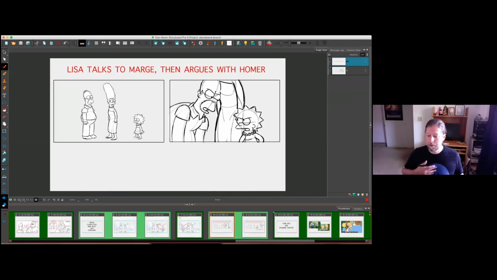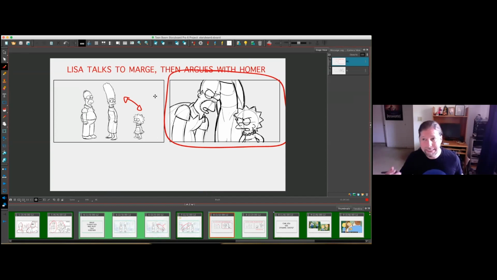If, however, in the sequence, Lisa and Marge are going to talk, but then Homer and Lisa argue, you have to figure out what's the most important part of the sequence. Most likely it would be Homer and Lisa arguing, because that's something that's going to drive the story forward.